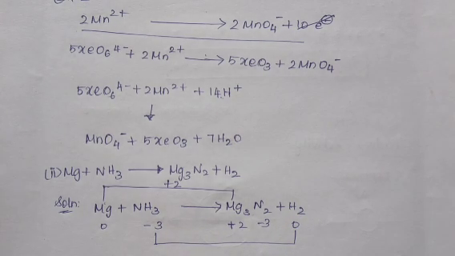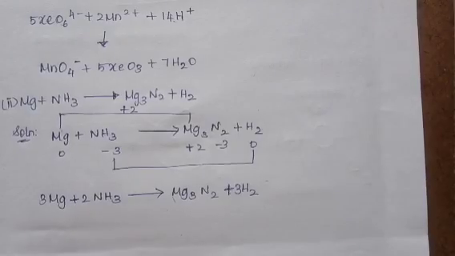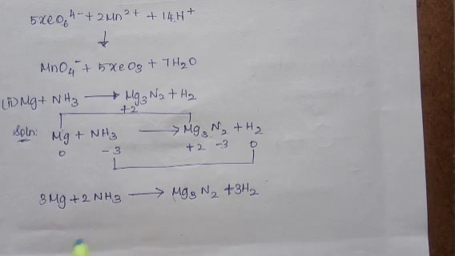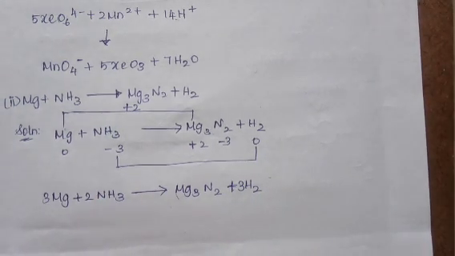So 3Mg plus 2NH3 gives Mg3N2 plus 3H2. So this is the answer. That's all, we have completed the second one.